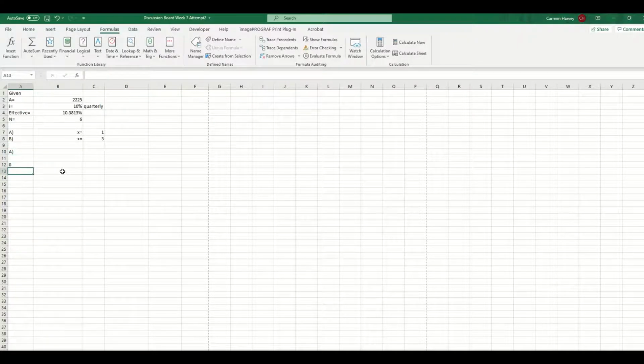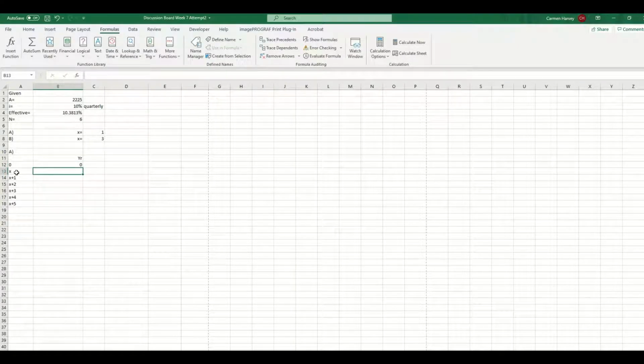So we basically have 0, we have x, then we have x plus 1, x plus 2, x plus 3, x plus 4, and x plus 5, which is also N. So we want to see what those values are for each year. That's still going to be 0 here.